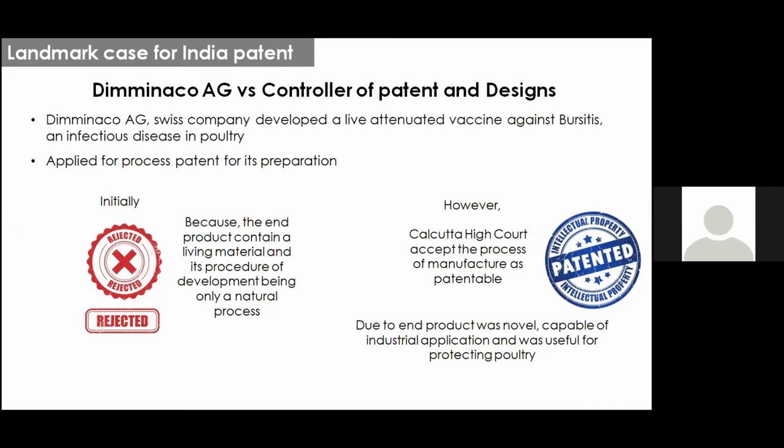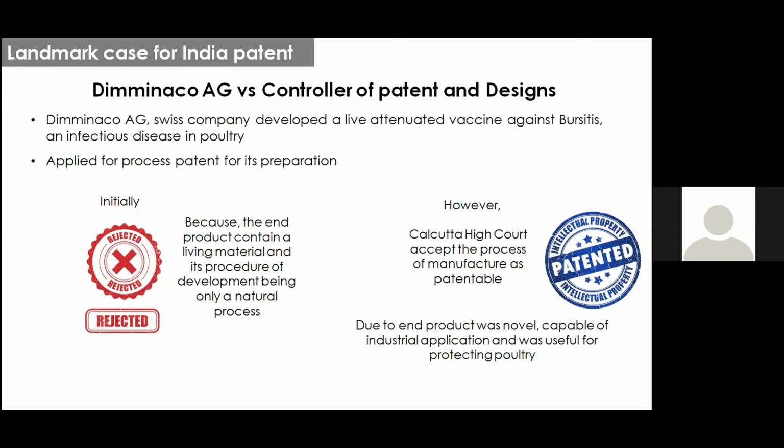So considering these two important aspects, that the end product is a living material, and it is produced with the same natural process, the claim was rejected. However, the company went to the Calcutta High Court, and there they went into the legal fight, which is called Dimminaco versus Controller of Patent and Design.